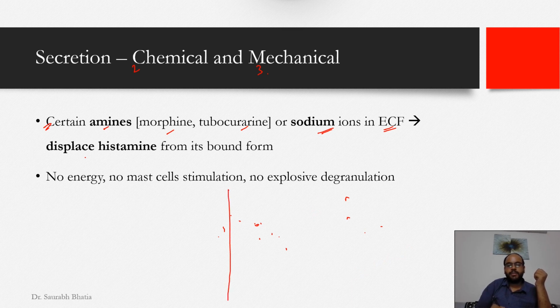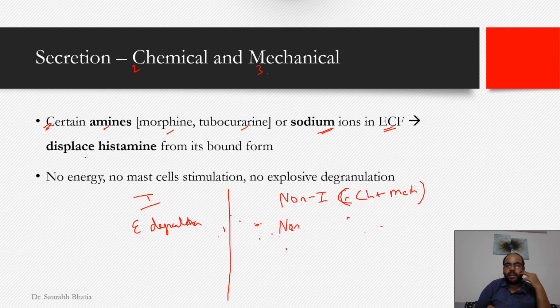So you have two methods of histamine release. You have the immunological one and you have the non-immunological one. Non-immunological ones include chemical and mechanical. Clear? Immunological one has explosive degranulation. The non-immunological one has non-explosive degranulation. Immunological one requires energy.